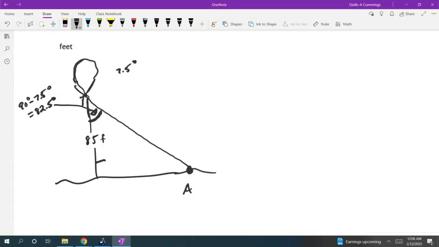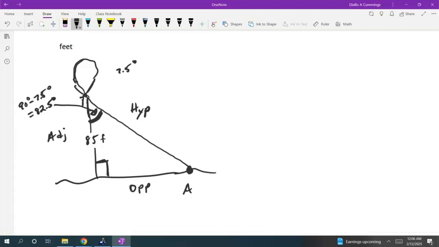So I'm going to sketch out our imaginary right triangle. We're going to set up a trig function, so I'm going to label all of my sides. Remember, this is our reference angle. The side opposite the right angle is the hypotenuse. The side opposite our reference angle is the opposite.